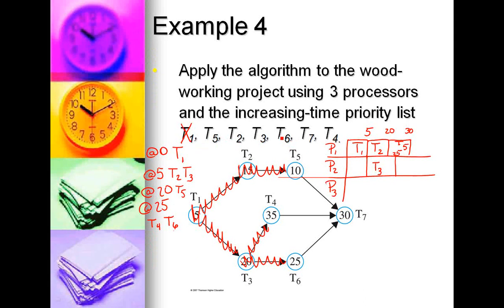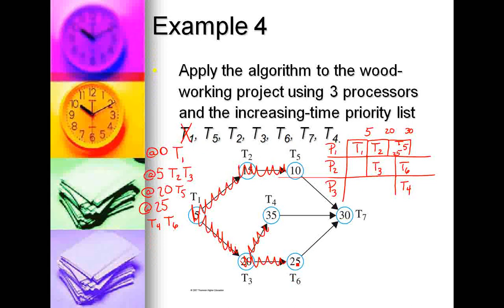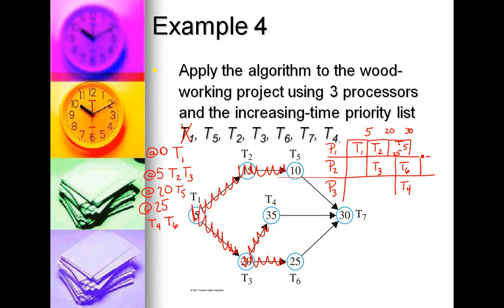T6 comes before T4, so we're going to put T6 in the lowest numbered processor that has a 25-minute slot. And that means that T4 is going to go in the next processor with the 25-minute time slot. T6 is 25 minutes, so that takes us out to 50. T4 is 35 minutes, so that's going to take us out to 60.